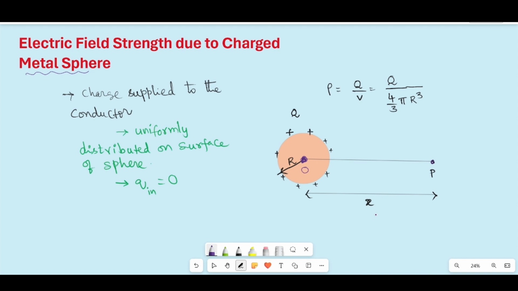So at this point the electric field intensity is just due to the charge at O. The electric field acts in the direction along the axis of the sphere. This is the direction of E bar.